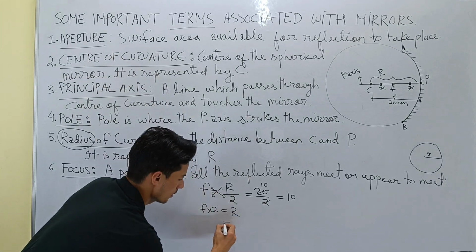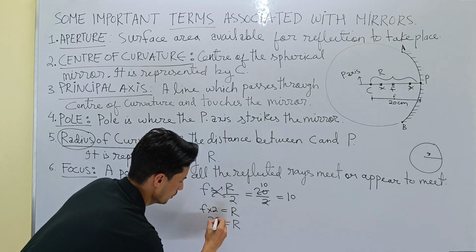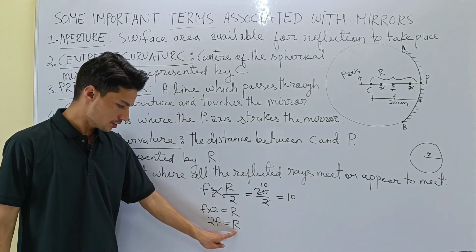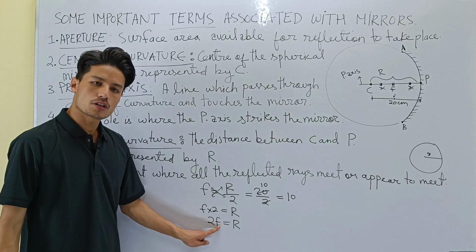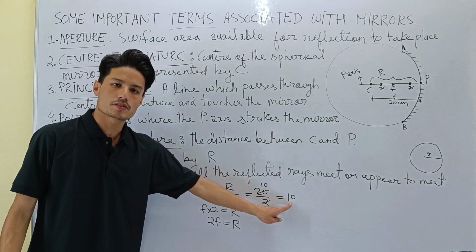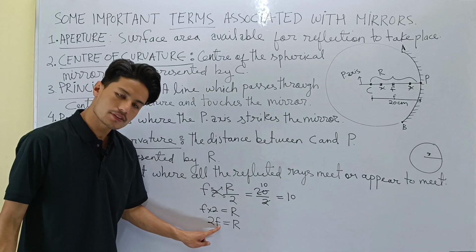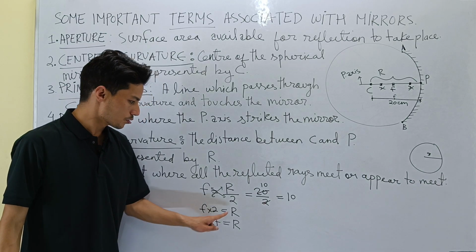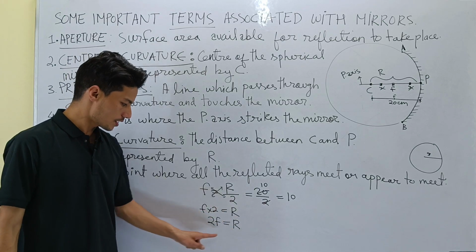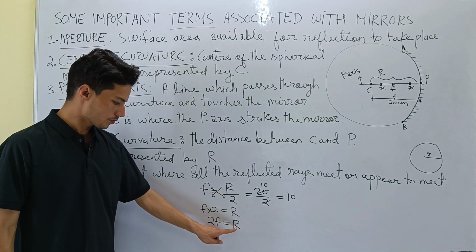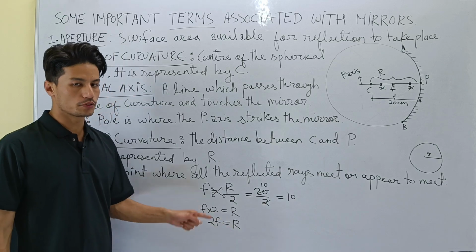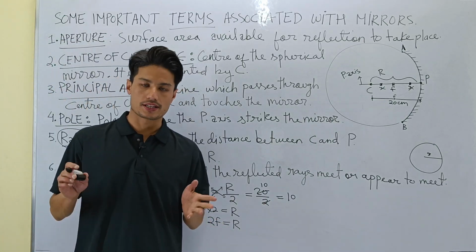So basically, r is equal to 2f. If you want to know the radius of curvature, just multiply the value of focus by 2. If focus is 10, radius of curvature will be 2 times 10, which is 20. This is a very important formula. The relationship between r and f is very helpful in solving numericals.